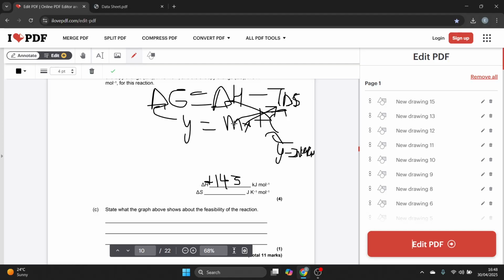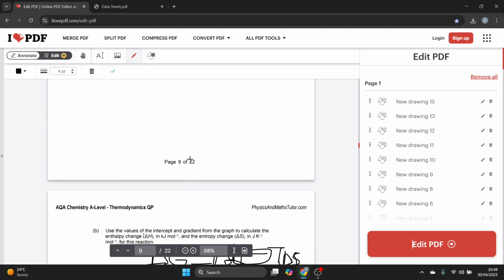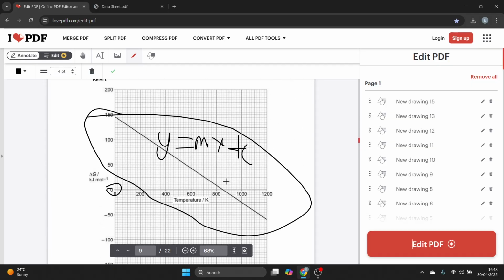The gradient tells me delta S, but it's negative delta S. So I'm going to write that down. The gradient equals negative delta S. So let's work out the gradient. Now I'm not going to do this, but it's pretty simple: y2 minus y1 over x2 minus x1.